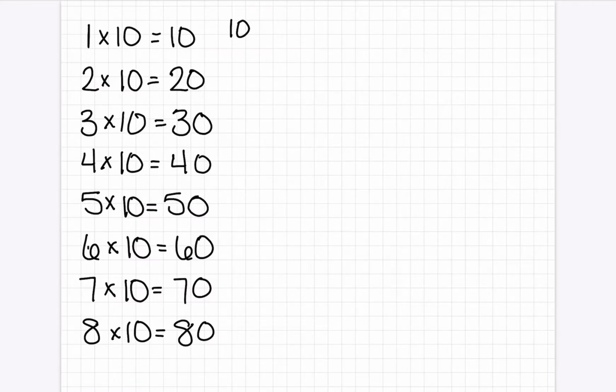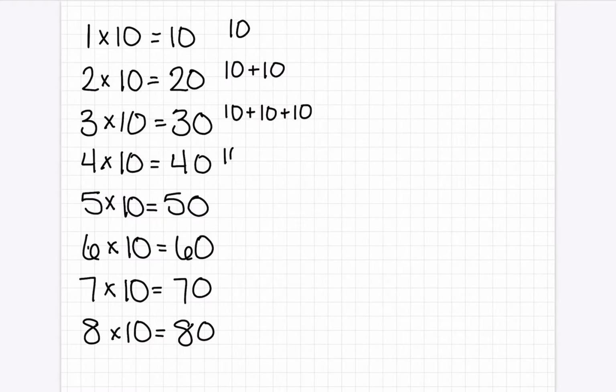For the next one, though, now we have two groups of 10. So we could look at it as there's one group of 10 plus another group of 10. 10 plus 10, which would equal 20, all right? Then three groups of 10, 10 plus 10 plus 10.